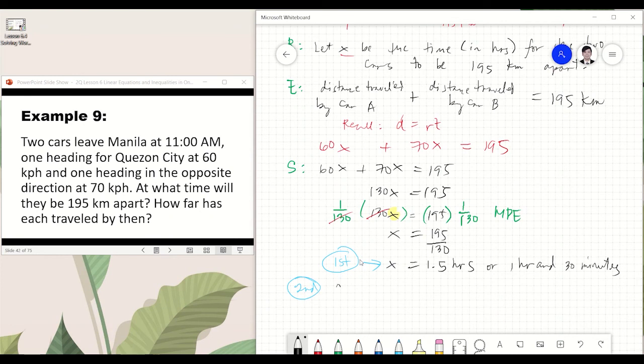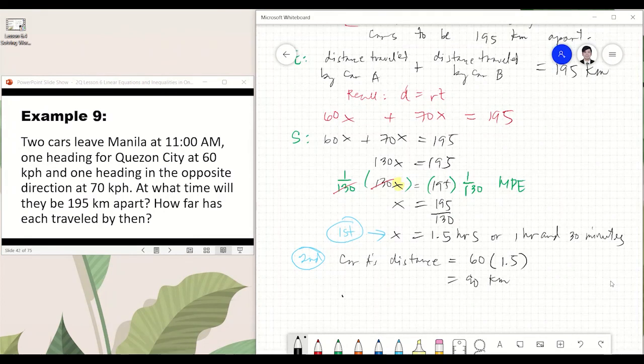So, for car A's distance. Rate times time. Yung rate ng ating car A is 60, and yung time, 1.5. So, 60 times 1.5, 90 kilometers.